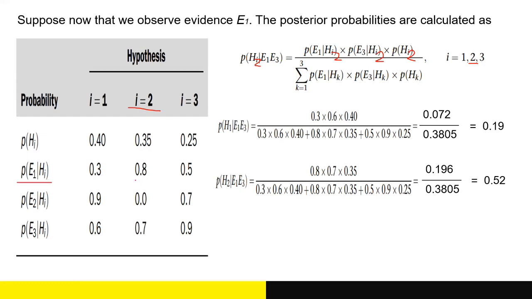Evidence 1 given hypothesis 2, we have 0.8 multiplied by the probability of evidence 3 given hypothesis 2. So we have 0.7 multiplied by the prior probability of hypothesis 2. So we have 0.35. And if we multiply them, their product is 0.196. And divided by 0.3805 is equal to 0.52.